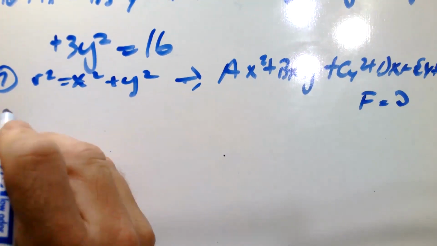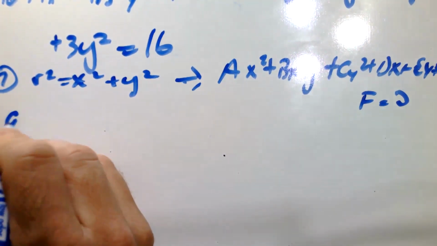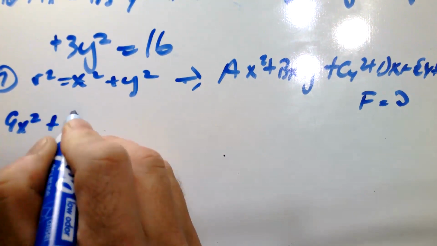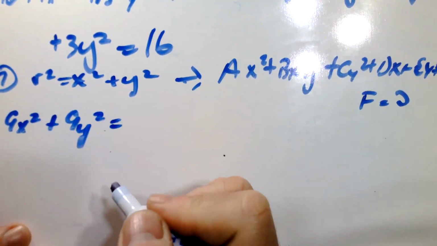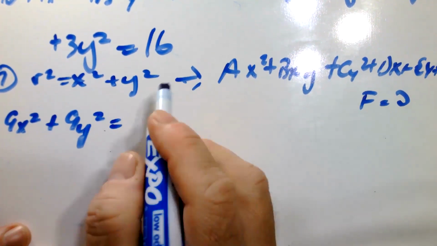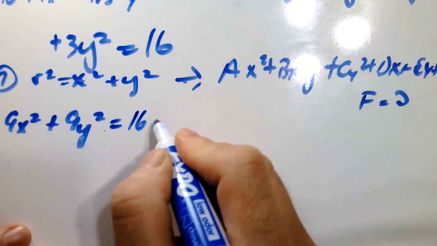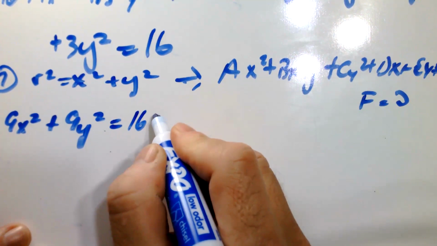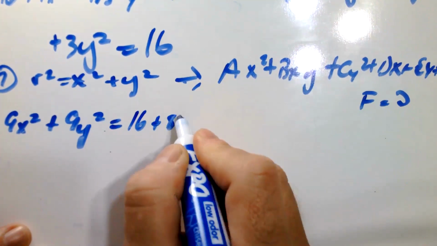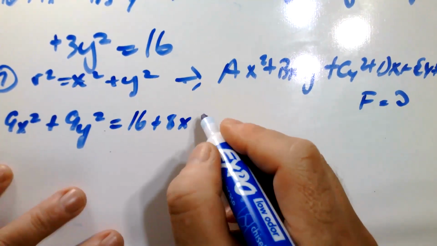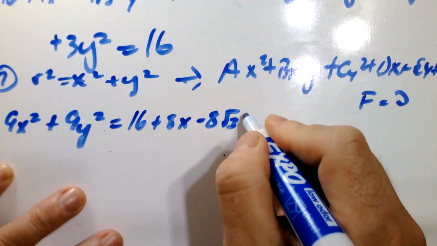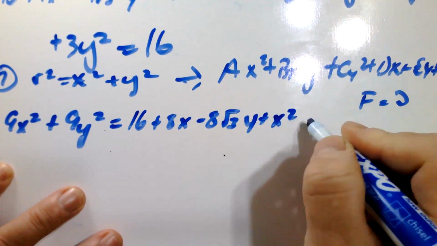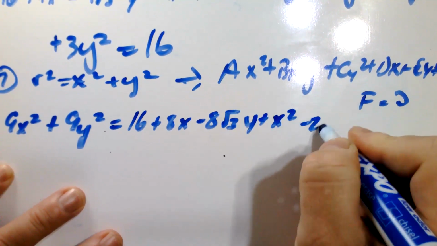Okay, so if we plug those in, we get 9x squared plus 9y squared equals 16 plus 8x minus 8 square roots of 3 y plus x squared minus 2.